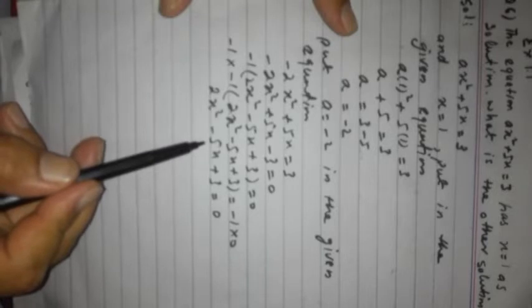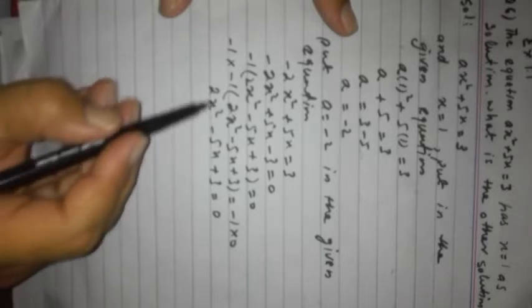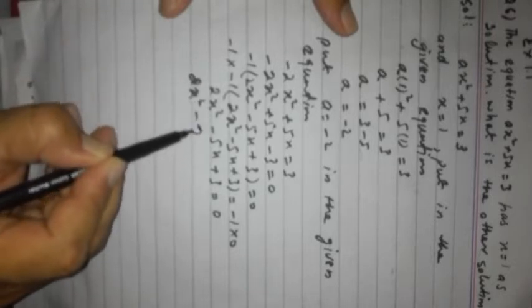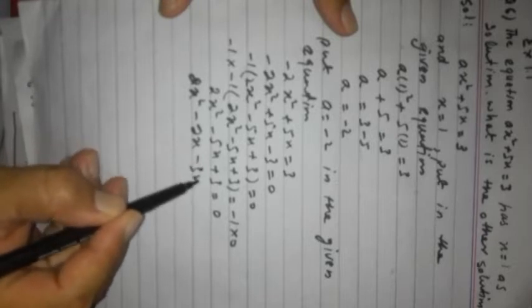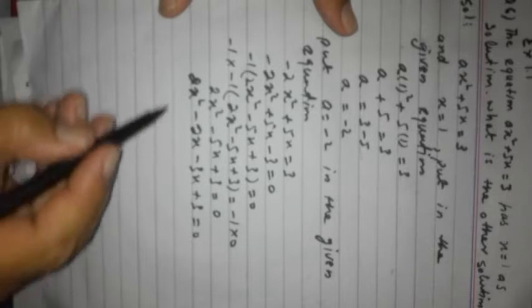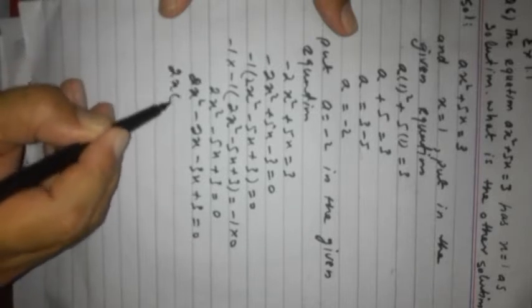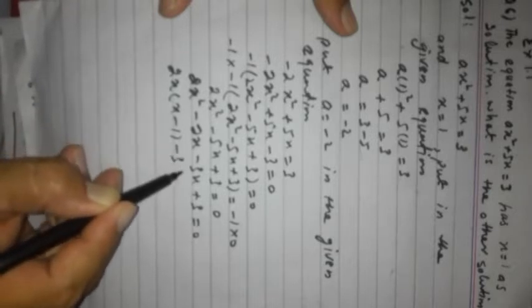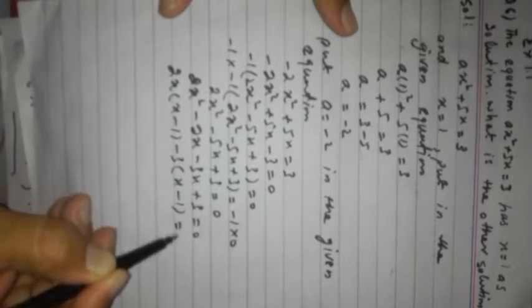Look at here, by multiplying these two we get 6, and we can write this as minus 2 and minus 3. So look, 2x square minus 2x minus 3x plus 3 equals to 0. Now take 2x common from here, we get x minus 1, and minus 3 from here we get x minus 1 equals to 0.